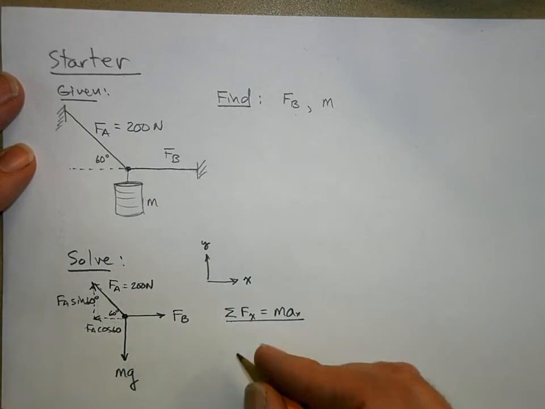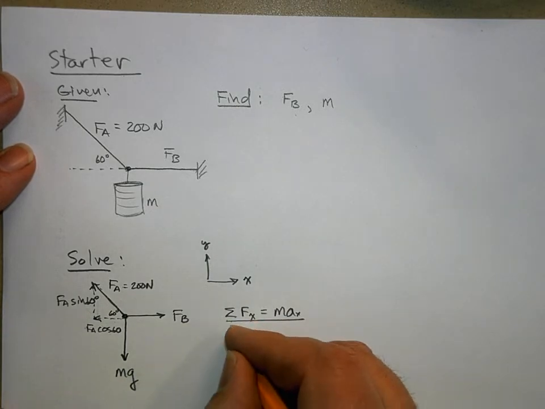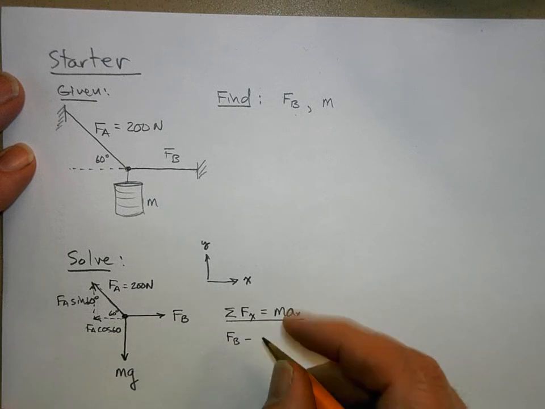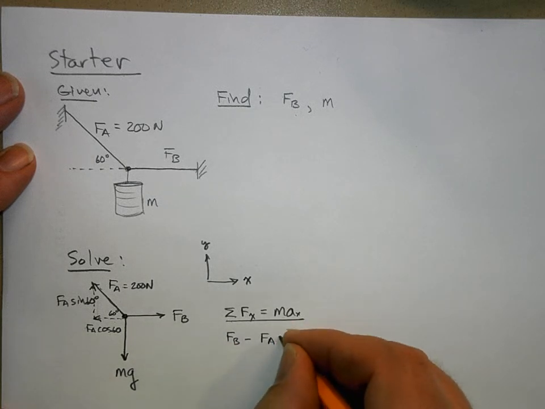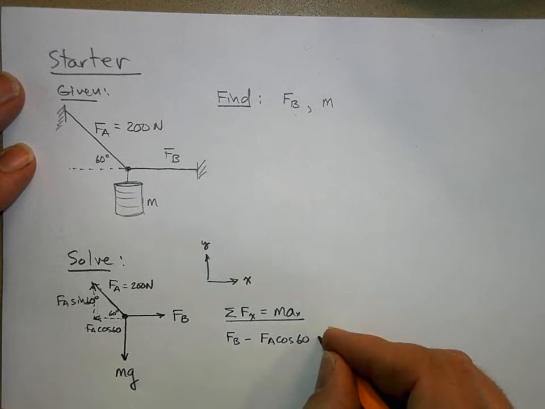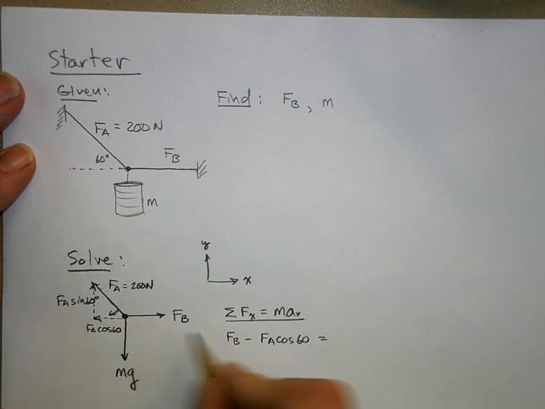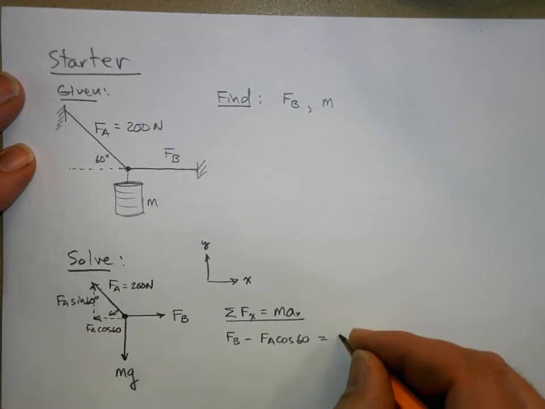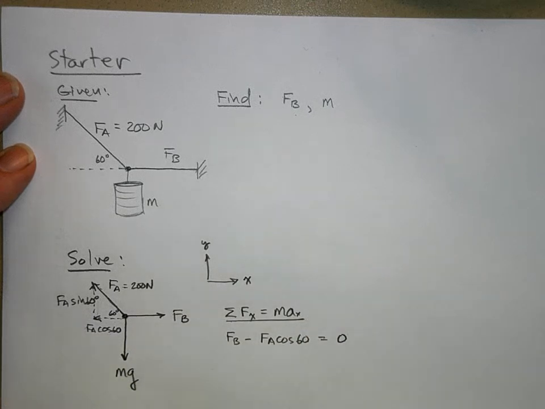And so in the X direction, I've got F sub B, pulling it to the right, minus FA cosine 60 equals, and those are the only two forces in the X direction, so they equal MA, but since the acceleration is 0, these are equal to 0. And this lets me solve for FB directly.